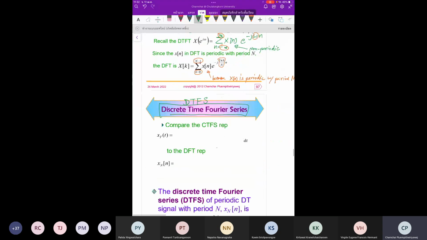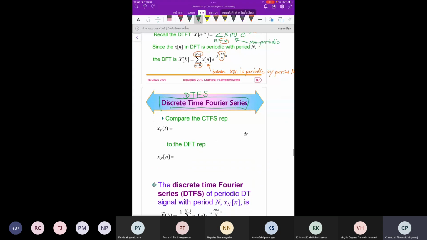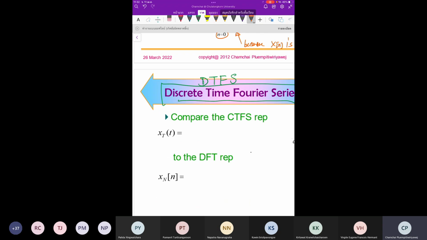But then we're going to compare with the CTFS representation. What is the CTFS representation?